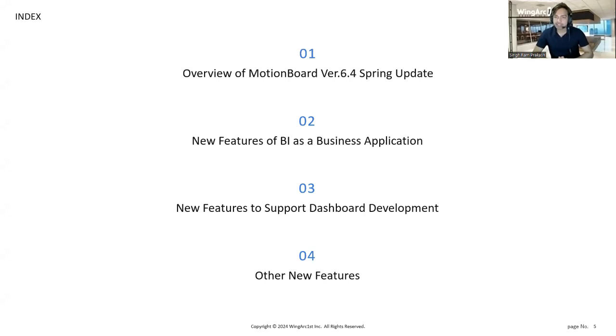This document is divided into 4 chapters. In the first chapter, I will provide an overview of the Spring Update. In the subsequent chapters, 2, 3, and 4 respectively, I will explain the details of each feature with a demonstration using the actual screen. Now let's move on to the first chapter.